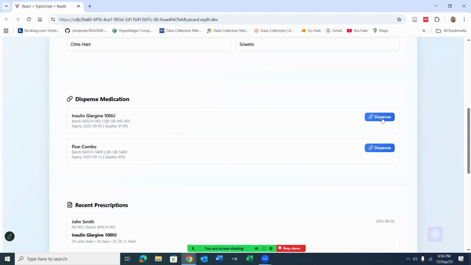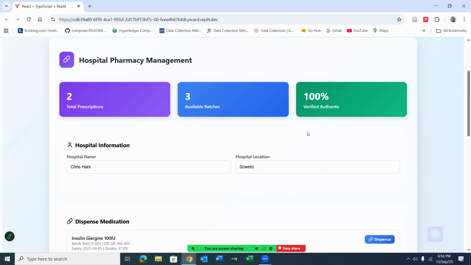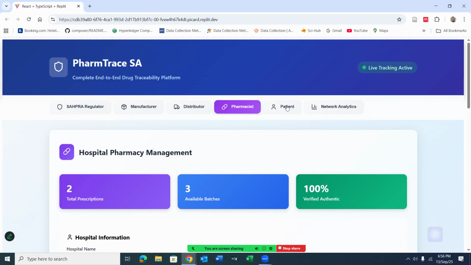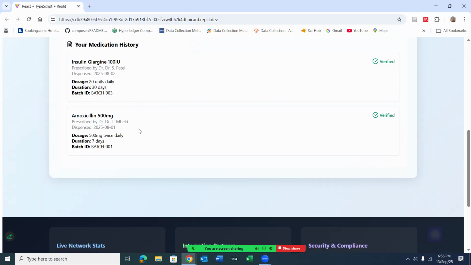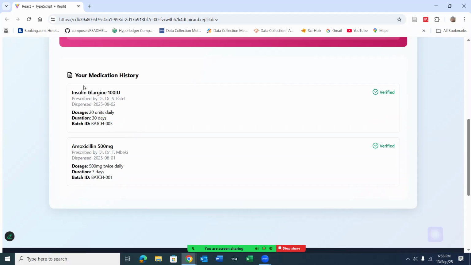They can dispense whenever there is a patient that is sick in terms of flu, right? Let's assume that now there's a patient that is diagnosed with flu. This is a patient that is well known in this hospital. They came before, then they were given these two medications, right?